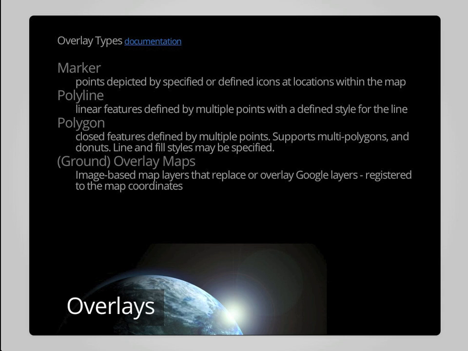There are also overlay maps that can be based upon images, and these are the ground overlay map overlay type, where you can make reference to an image file that is available over the internet, and that you can basically superimpose over the Google information. And what you do is you register those images to the map coordinate system so that they are essentially anchored to the ground in the map interface.